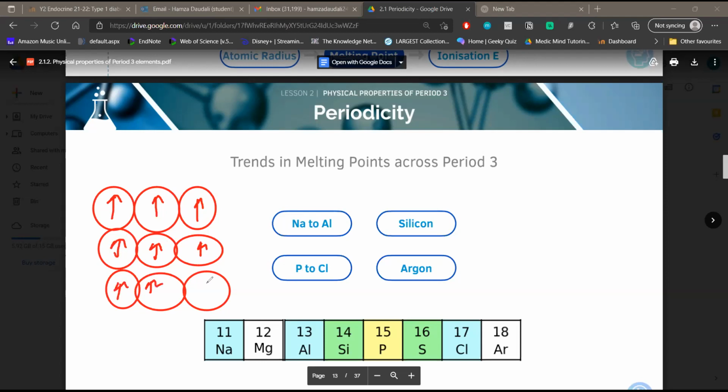So what does that mean? Well, that means that the metallic bonds within the metals get stronger, which means that the melting point as you go from sodium to aluminium increases. Does that make sense?